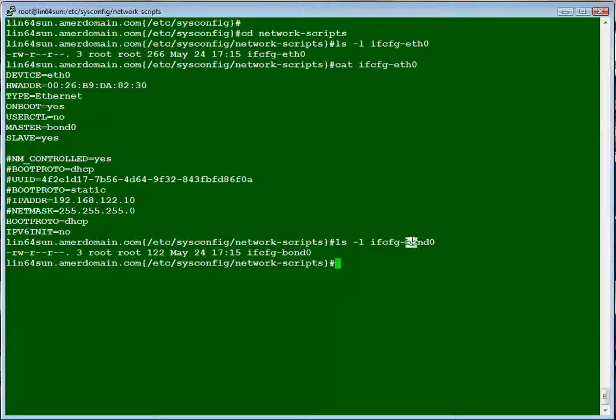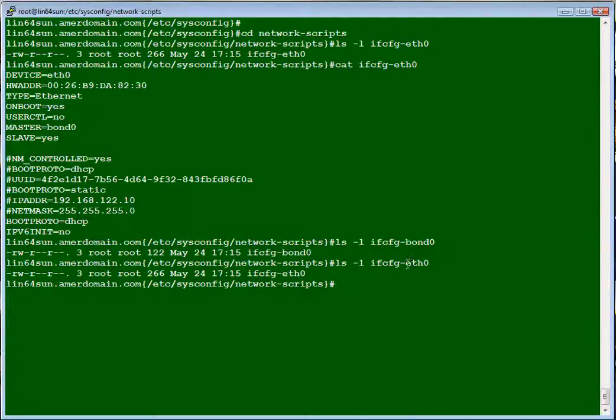You can see how this name is similar to Ethernet 0. Ethernet 0 was our first card, and the configuration file we created for the bond is exactly similar to it.